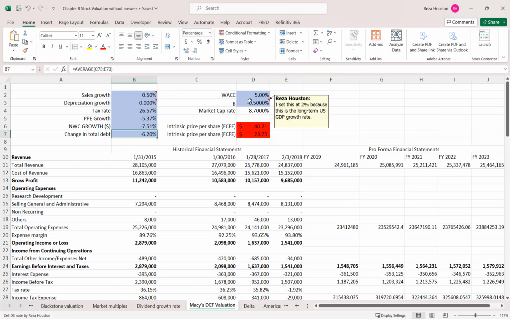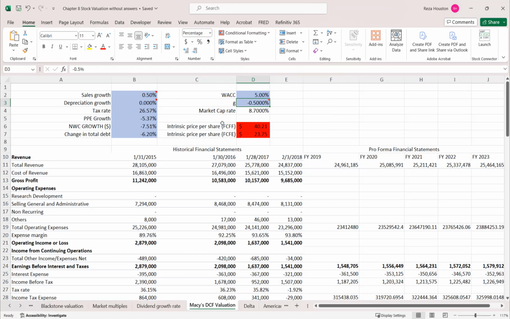I took a lot of this from what I could find on the internet. Weighted average cost of capital, I didn't know exactly what it was when I was first building this model like 7 years ago, so I just plugged in 5% for the time. Growth rate, for a lot of mature firms, you typically want to set this at 2% to proxy for the long-term economic growth rate.